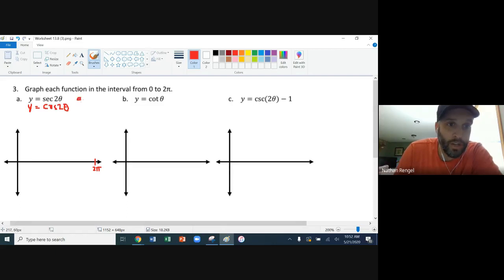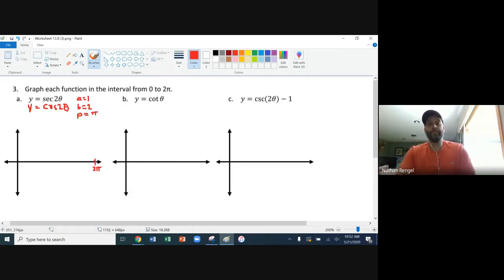The a is going to equal 1. The b is going to equal 2, which means my period, which I'll call p, is going to be pi. So that is starting out looking at the cosine of 2 theta to get this graph started.